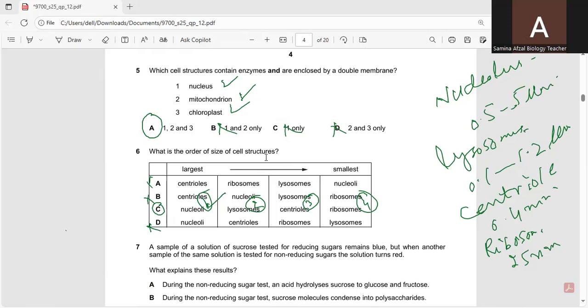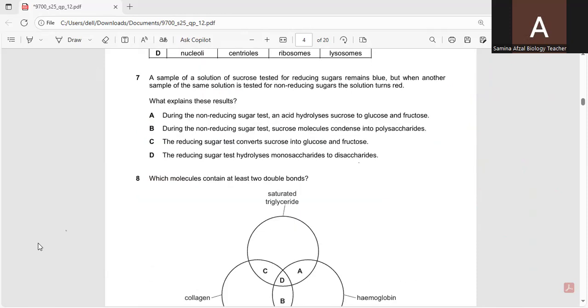Now we will move towards the next question. A sample of a solution of sucrose tested for reducing sugars remains blue, but when another sample of the same solution is tested for non-reducing sugars, the solution turns red. Reducing sugar test is used to test the monosaccharides, glucose and fructose.